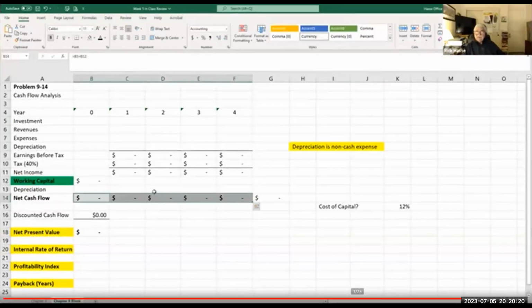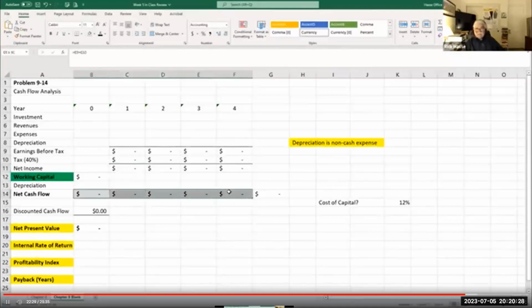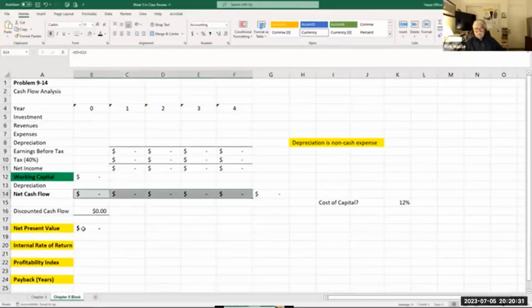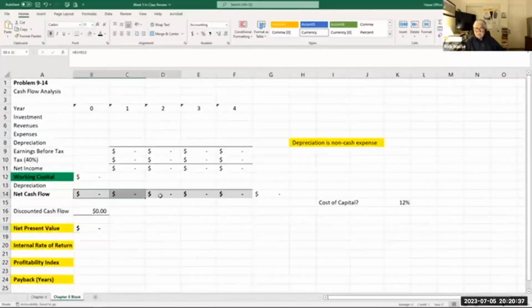I will be going over this, and then once we get the net cash flow, we can do the net present value and all these other calculations like we did right here. But you've got to get this cash flow in order to do that. And that's what the problem is all about. The cost of capital in this problem is 12%. That's what we'll be doing in our weekend video. Assignment number 3 will be doing.